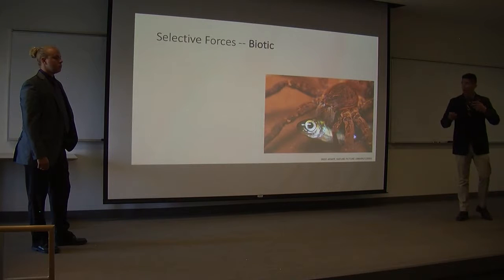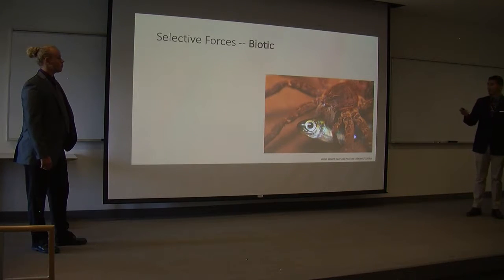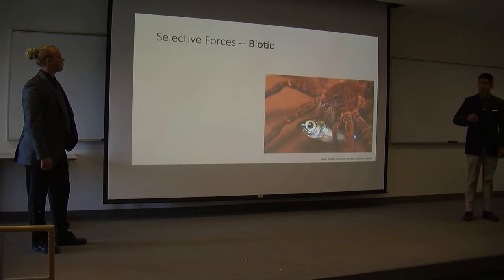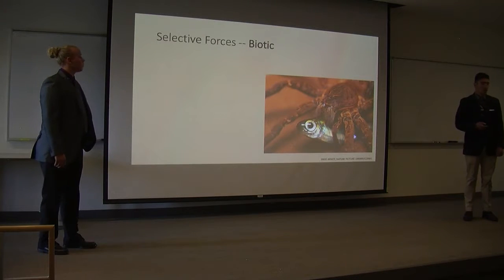So organisms interact with their environment, and this is what ecology teaches us. And the environment subsequently exerts selective pressures on these organisms. These selective forces come in 2 forms, biotic and abiotic.